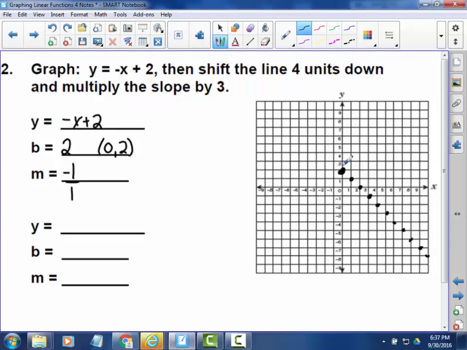Or we could go up and to the left 1. Then use our straight edge.